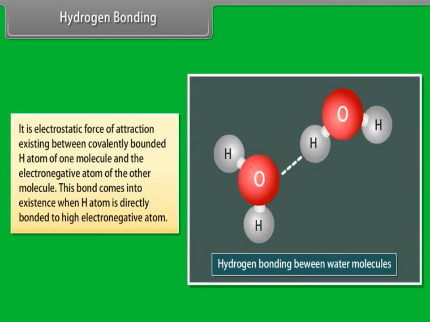Hydrogen bonding. It is electrostatic force of attraction existing between covalently bonded hydrogen atom of one molecule and the electronegative atom of the other molecule. This bond comes into existence when hydrogen atom is directly bonded to a highly electronegative atom.